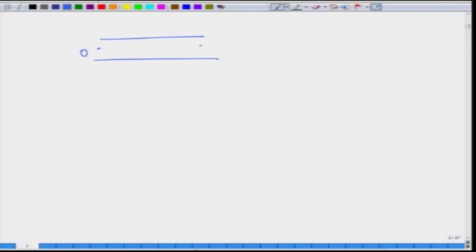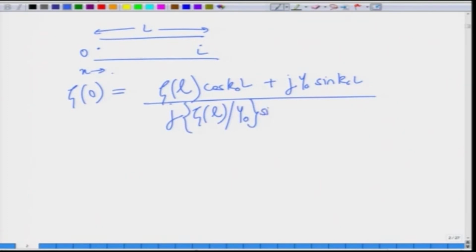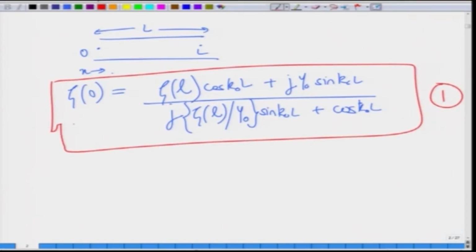If we had a tube of length say L, and this was x, and this is something like this, cos k naught L plus j y naught into sine of k naught L, and j times xi L by y naught. All right, let us call this equation 1.